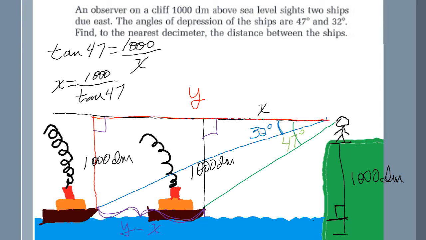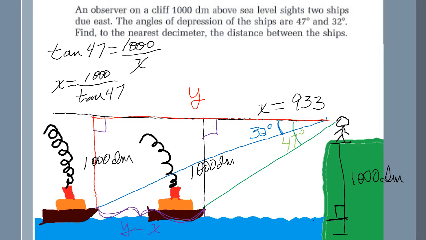So we're going to round it up right now, as soon as we have that distance. So 932.5 becomes 933. So x is equal to 933 decimeters.